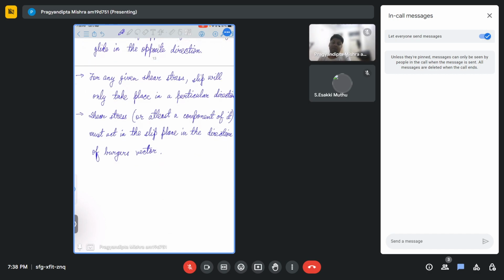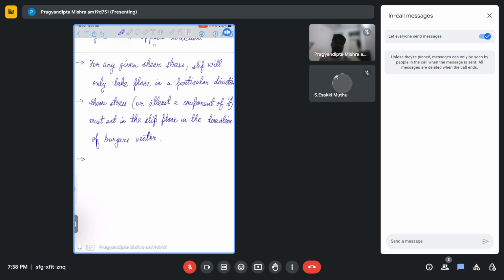Finally, depending on the type of dislocation that we are having, whether it's edge or screw, we will have a uniquely defined plane for glide, or we will not have a uniquely defined plane for glide.